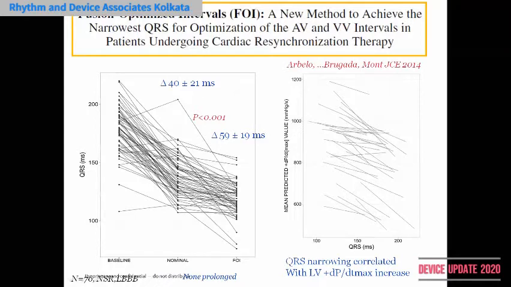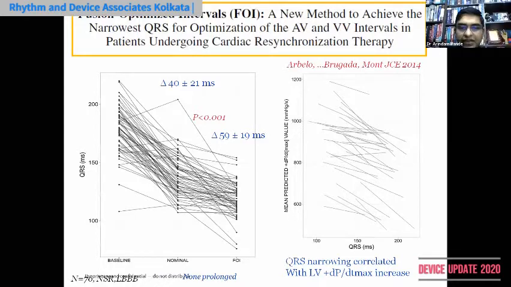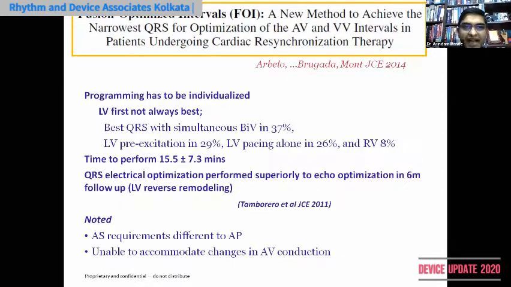Now, there is something called the fusion optimized interval, because if you get multiple waveforms, there will be good fusion, and that will reduce the QRS to the maximum extent. This is a new method to achieve the narrowest QRS by optimizing the AV as well as the VV interval in patients undergoing cardiac resynchronization therapy. Multiple trials have evaluated this technique, and they found it very, very useful.